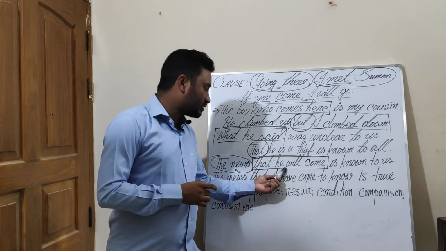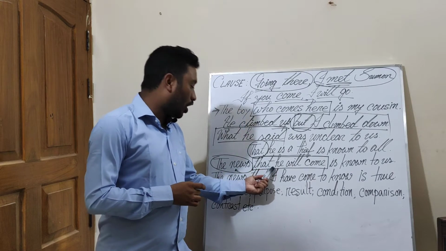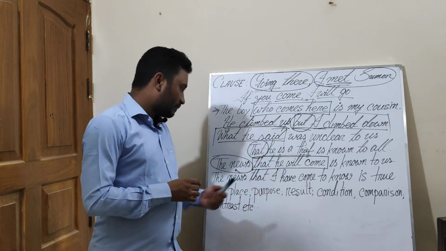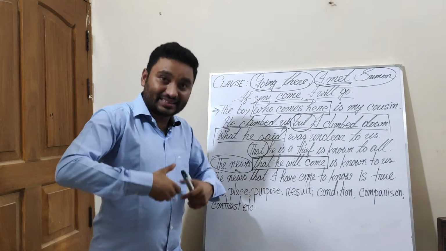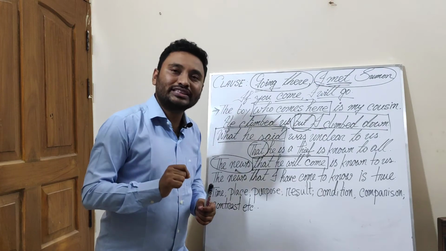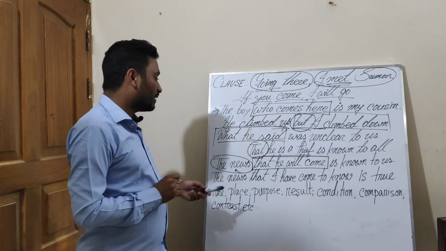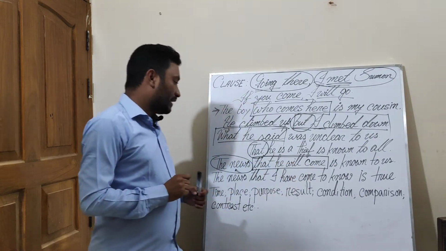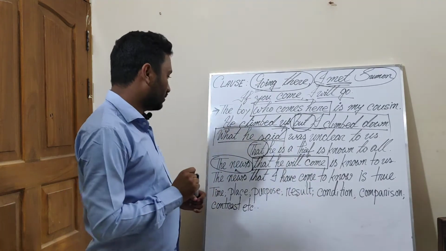When a clause is used just after a noun, and when that clause adds something and acts as a noun itself, then it is called apposition or appositive. Here that he will come is a noun clause and is an apposition.